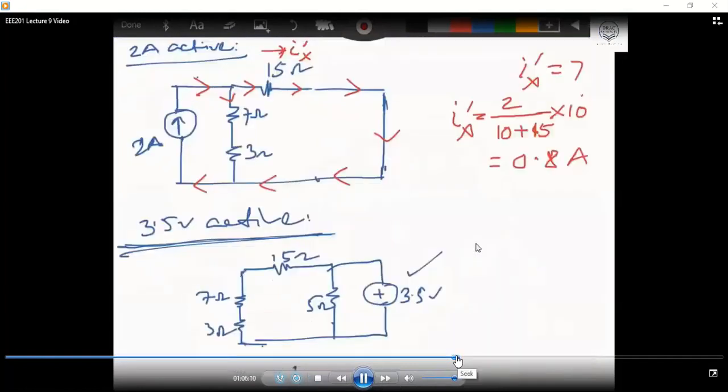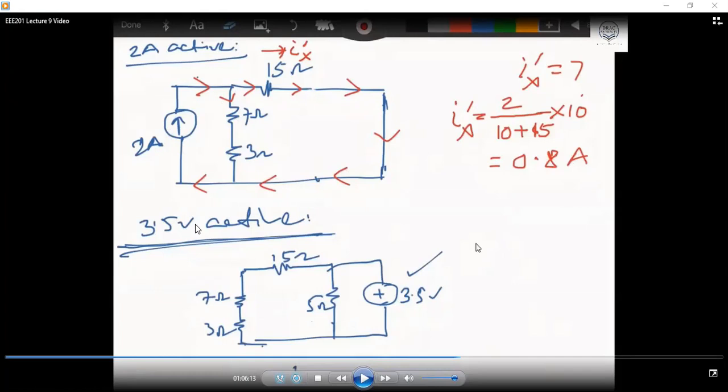Now all of you see, this is actually deactivated because the voltage source is shorted, so only the 2 ampere current source is active. This is the way, and the current division rule gives Ix prime equal to 2 divided between R1 and R2. With current division, you get 0.2.